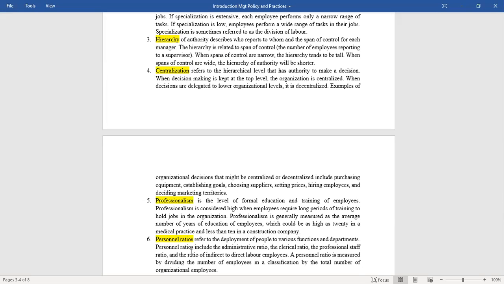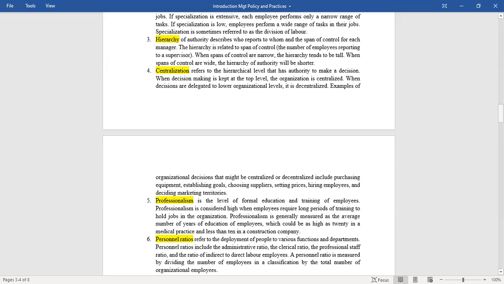So some departments need fewer people, so there'll be fewer people there. Other departments need more people. Maybe the production department needs a lot of labor, but at the same time, let's say there is an independent department which is looking after the CSR. Okay, so only 2-3 people may be a part of that department, whereas in the production department there may be thousands of people who are working as labor.